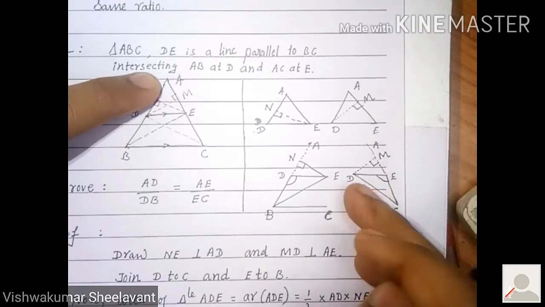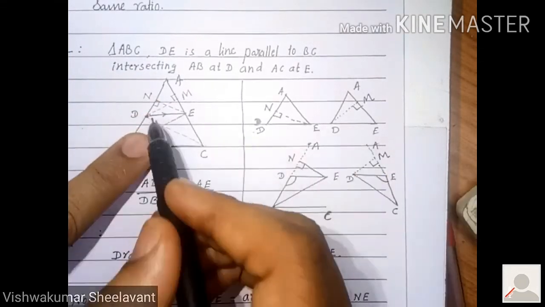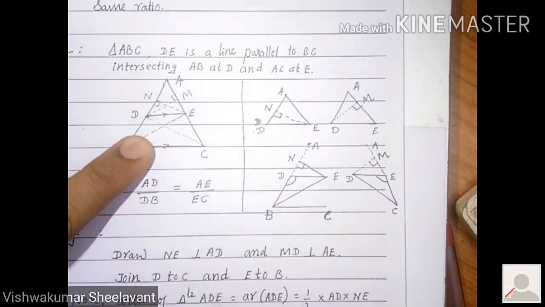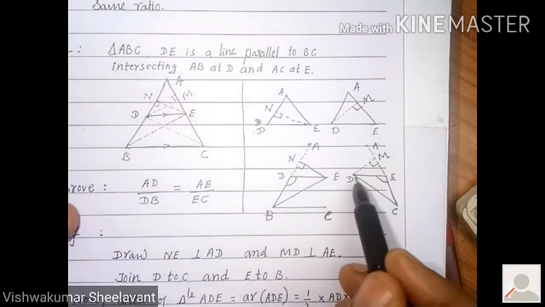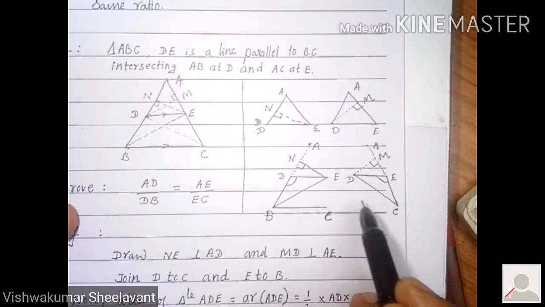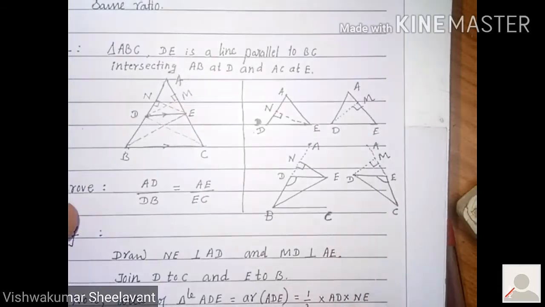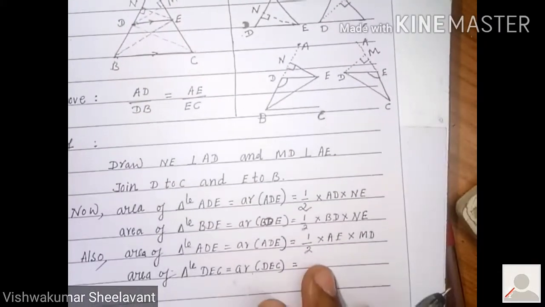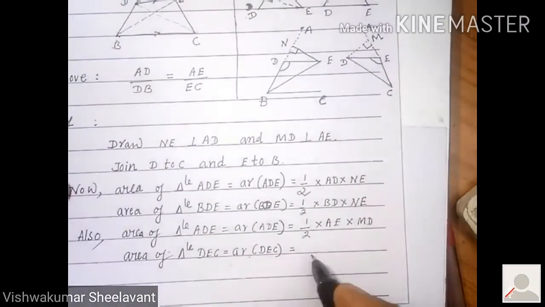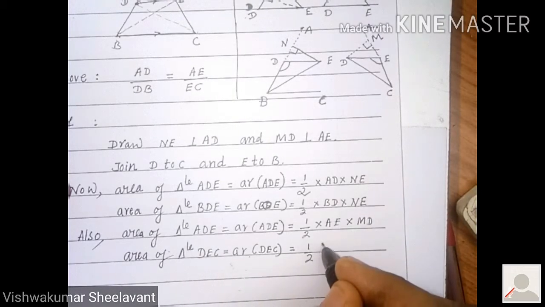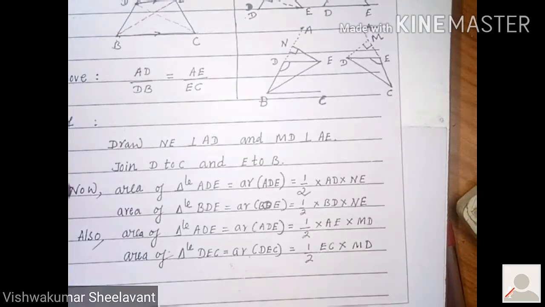And this altitude already we have drawn here. What is that? MD. So altitude for triangle DEC is what now? MD. Anjali is correct in saying that. Half into EC into MD.